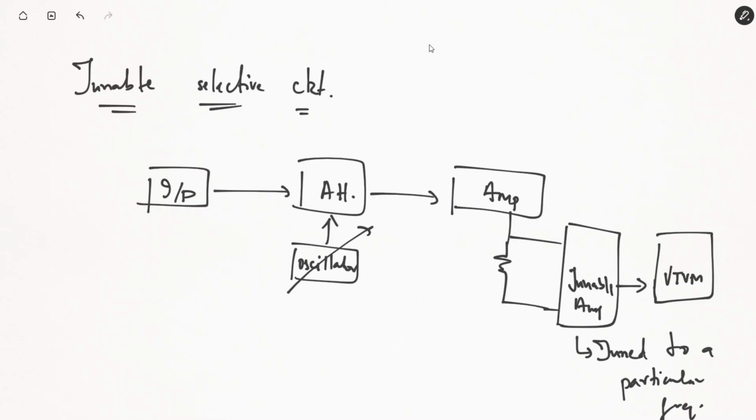In this way, a number of harmonics as well as the fundamental frequency component are passed on to the amplifier. In this case, we make sure that the amplifier passes on all the frequency components. We can tune it in such a fashion to allow all the frequency components to pass through. In that manner, we can get a harmonic spectrum instead of the magnitude of only one particular frequency component.